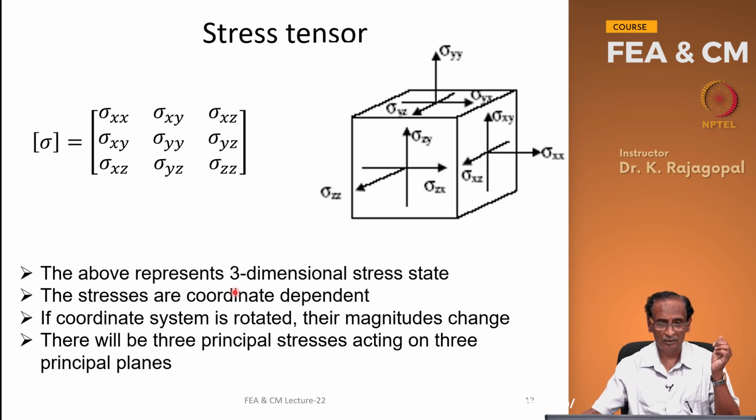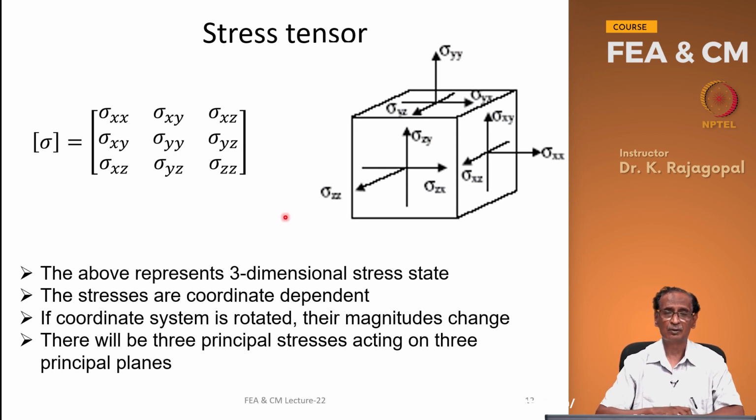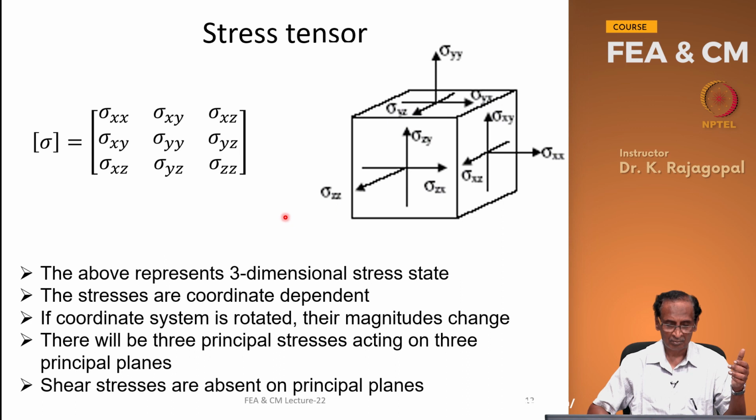And corresponding to the 3 directions, we will have 3 principal stresses acting on 3 principal planes. So, we have to do some analysis to get the principal stresses and the planes on which they are acting, and the shear stresses are absent on the principal planes.